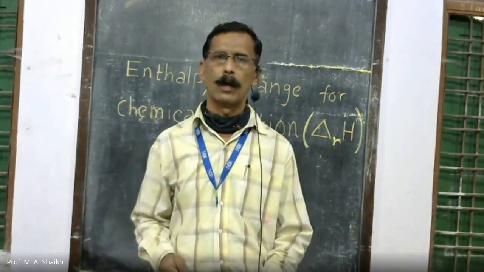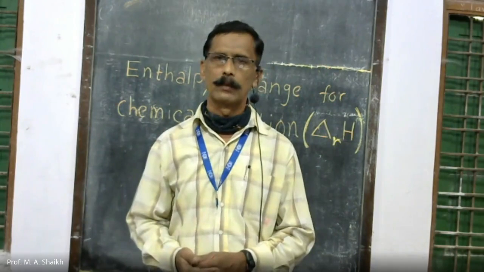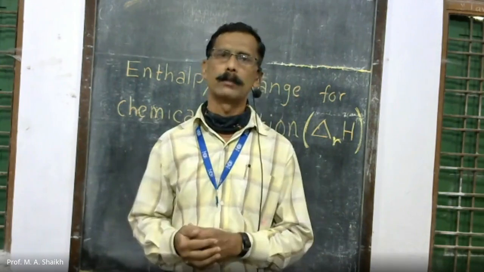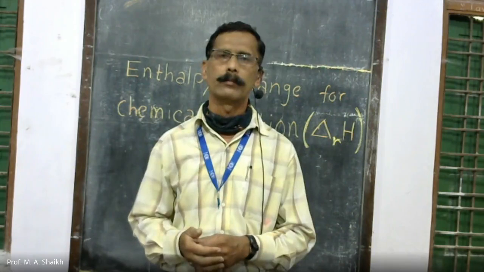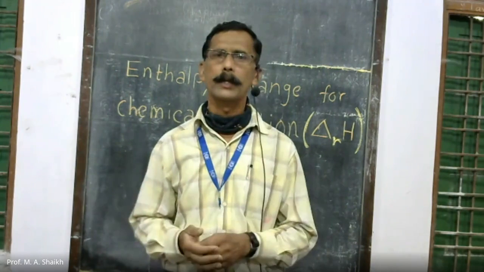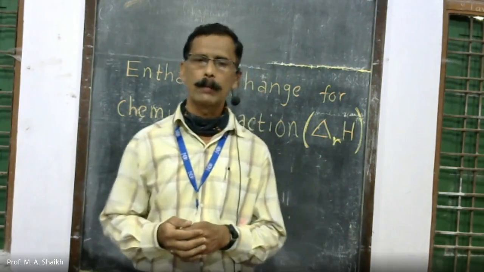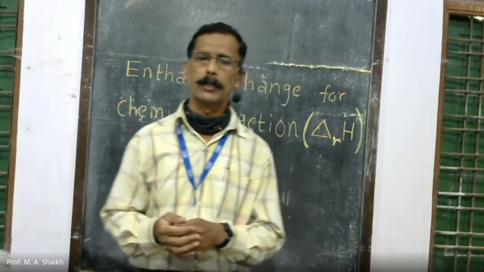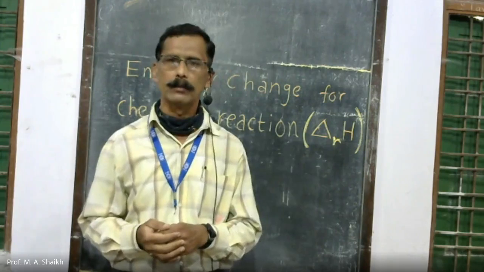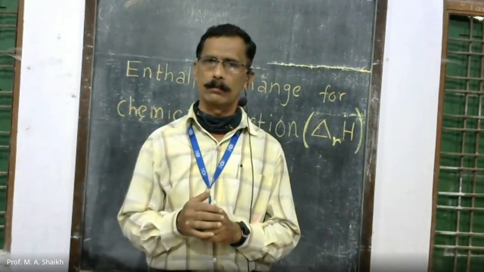Suppose our system is a chemical reaction. When the system is a chemical reaction, that time enthalpy change is called enthalpy change of chemical reaction. See, on the blackboard, you will find enthalpy change of chemical reaction, and it is shown by delta HR.